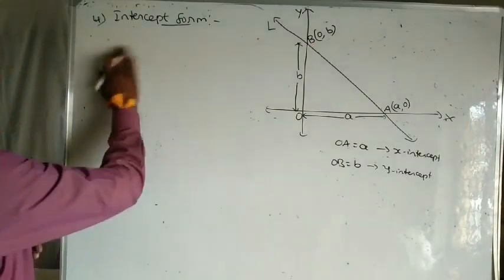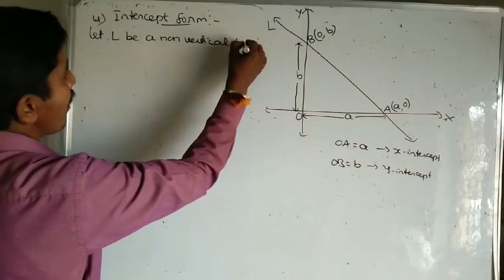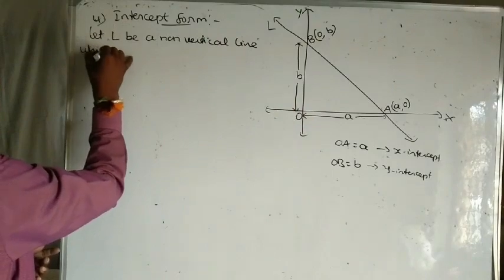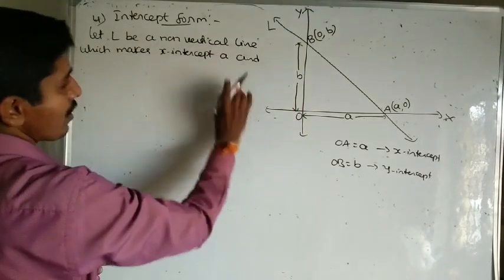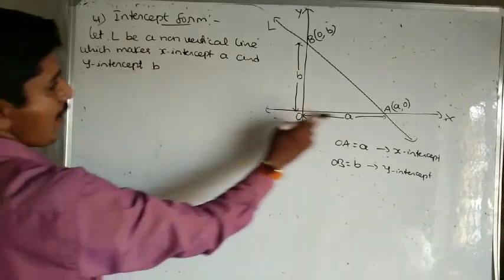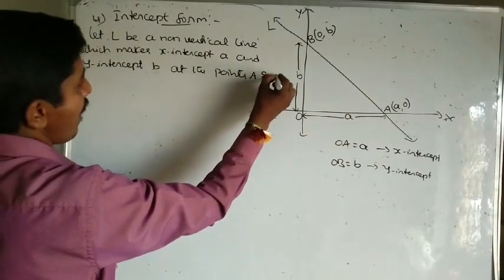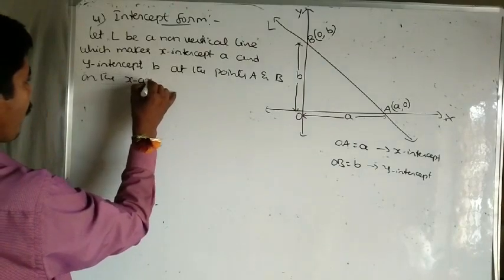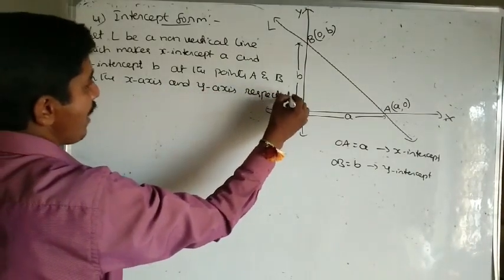Let L be a non-vertical line which makes x-intercept a and y-intercept b at the points A and B on the x-axis and y-axis respectively.